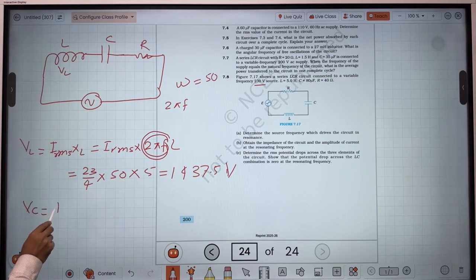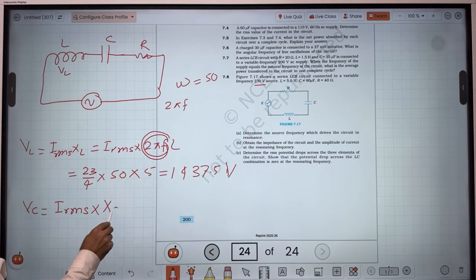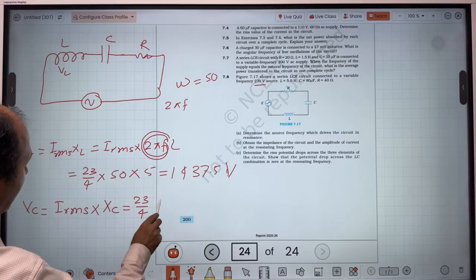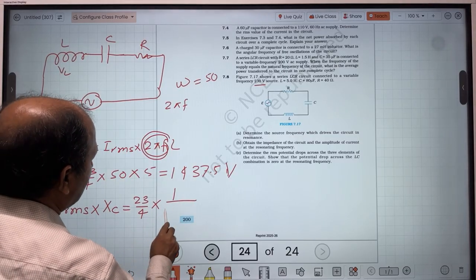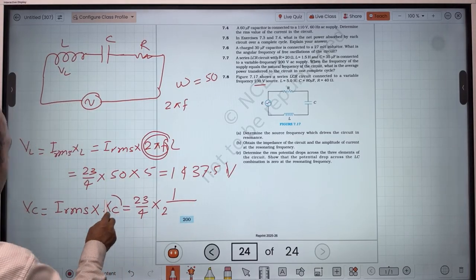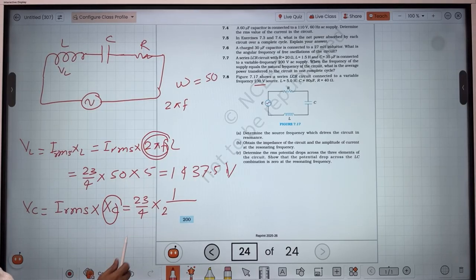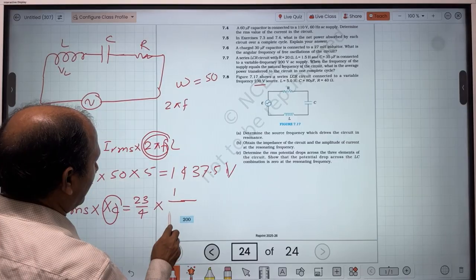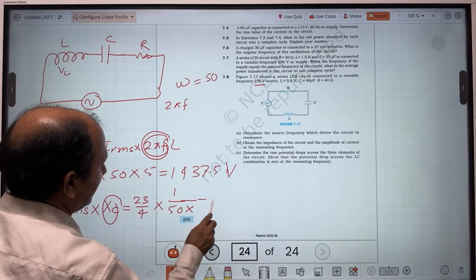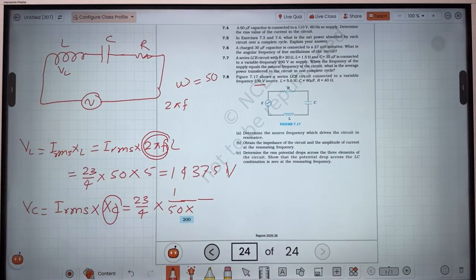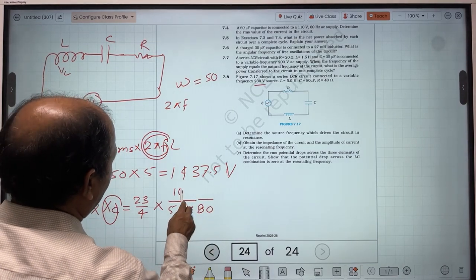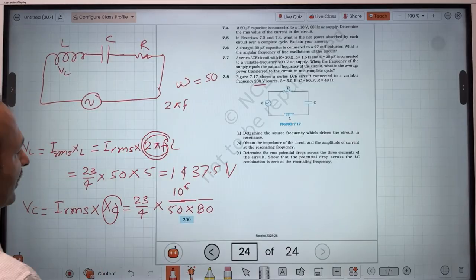So VC will be how much? VC is IRMS multiplied by XC. So IRMS 23 by 4 into XC, that means 1 upon 2 pi f C, and instead of 2 pi f we can write omega C. So here this will become 1 upon omega C. Omega is 50 and C is given as 80 microfarad. So 80 and 10 power minus 6 we can write here as 10 power 6.